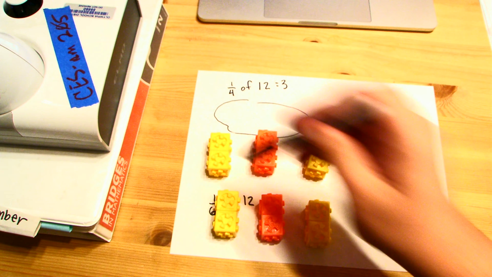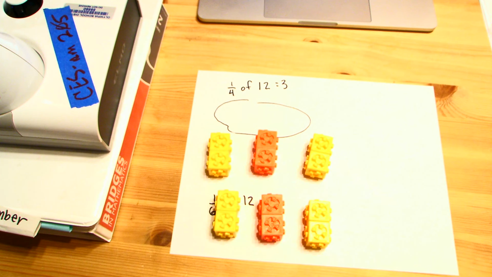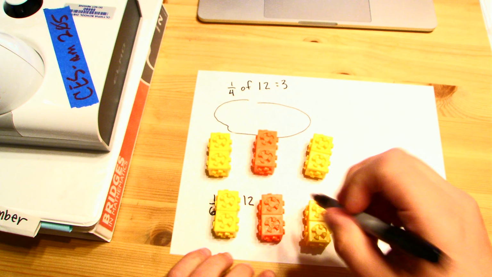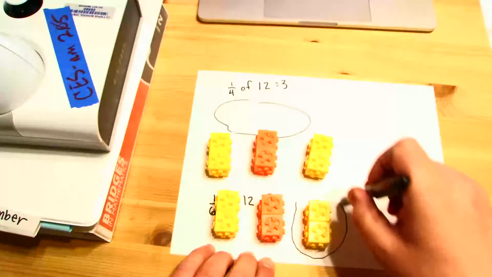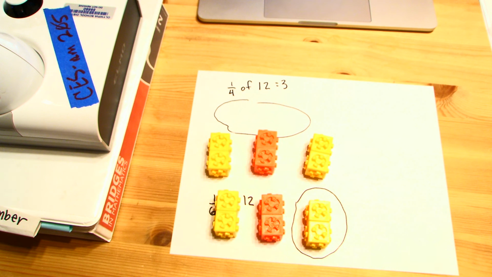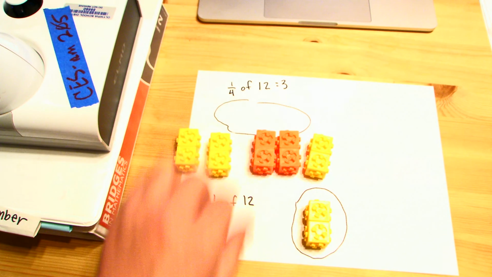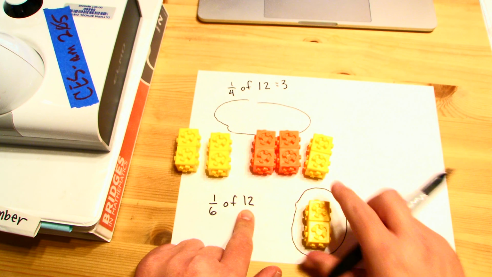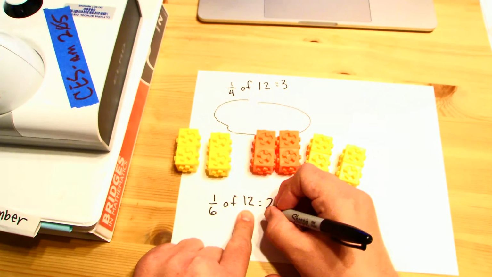So now I have 6 equal groups made out of my original 12 blocks, and each group has 2 cubes in it. So for this particular fraction, 1/6 of the whole number 12 is the same as saying 2 cubes.